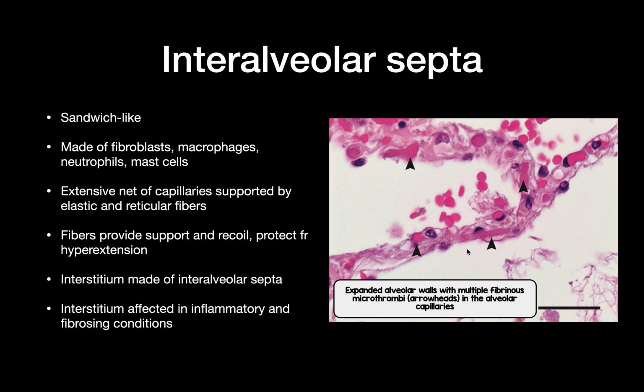Here is a sick person, and the alveolar walls should be relatively thin, but there are fibrous microthrombi, so clots in the alveolar capillaries in this person. So clots here, clots here, clots here. Problematic because it interferes with the exchange of oxygen and carbon dioxide.